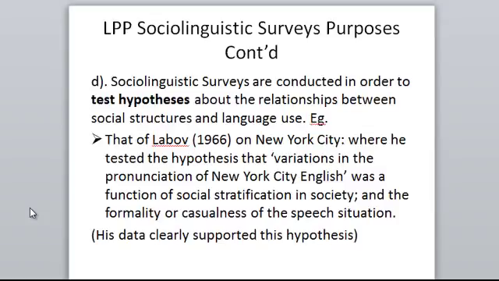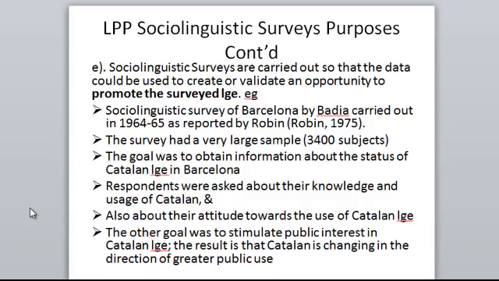Now, let's proceed with another purpose of sociolinguistic surveys, and this is about language promotion. Language promotion, this is typically about decision making. This is about decision making because it entails that there are many languages in the society, and then as people who are experts in language planning, you try to look at the functional categories of the languages and begin to specify which language is going to perform which function.